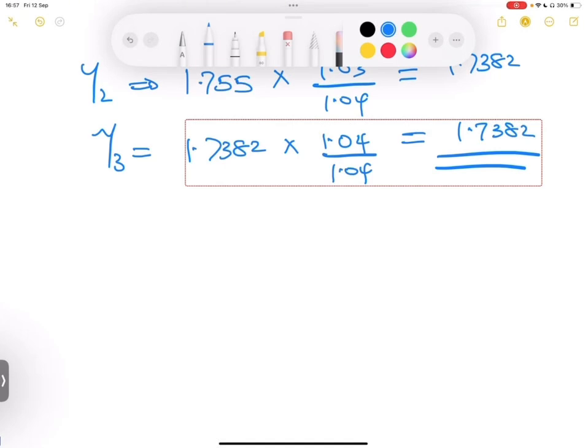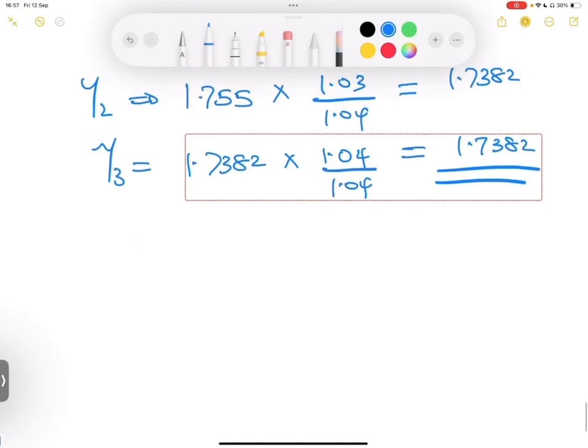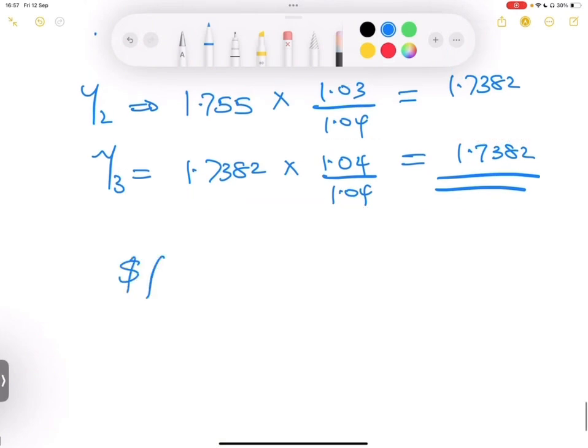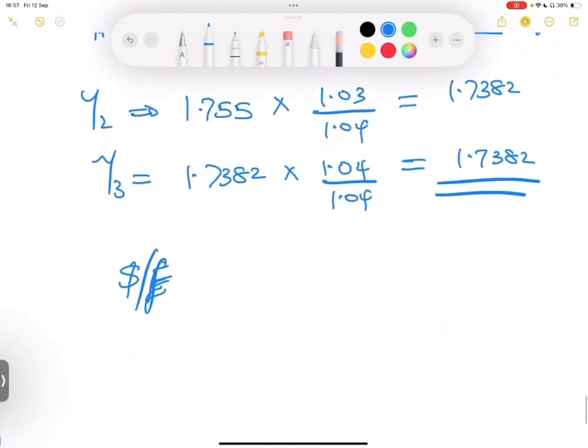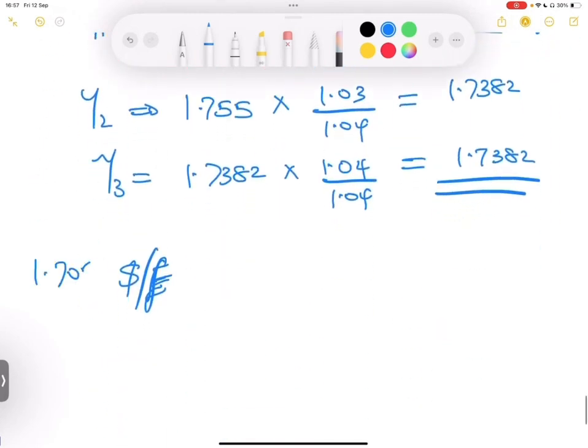What do I mean? Let's take, for instance, here we have dollar for pounds, right? The dollar for pounds is 1.705. We are lucky. However, they can decide not to give you any dollar for pounds exchange rate, because this is what you want.